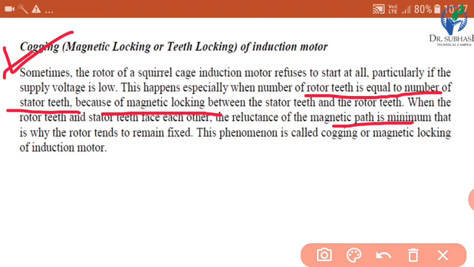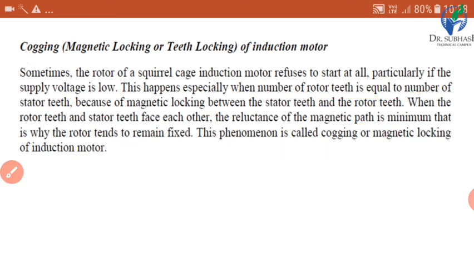That is why the rotor tends to remain fixed. This phenomenon is called cogging, or sometimes it is known as magnetic locking of induction motors. So this phenomenon can be observed in induction motors.